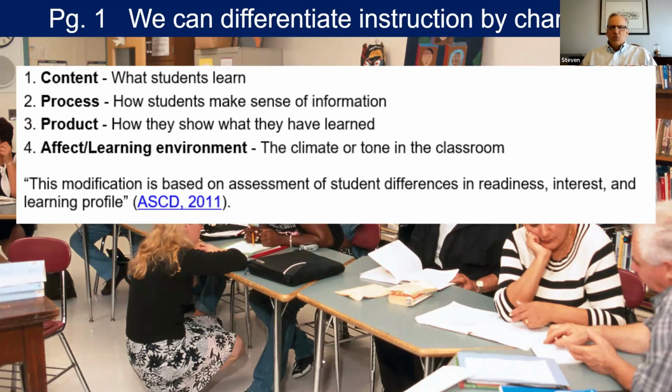A lot of what we do in differentiation is change the process, or the way that students are making sense of the information. We modify the activity. We give more time. We give more support. We do a lot of the tiered type activities, different levels of activity that we'll talk about in a few minutes.